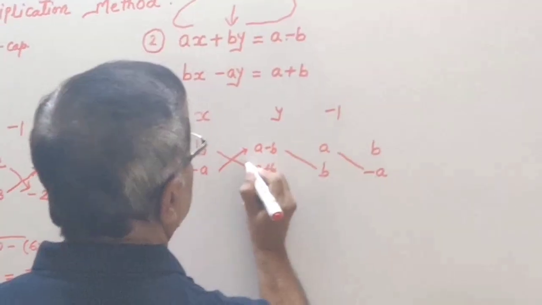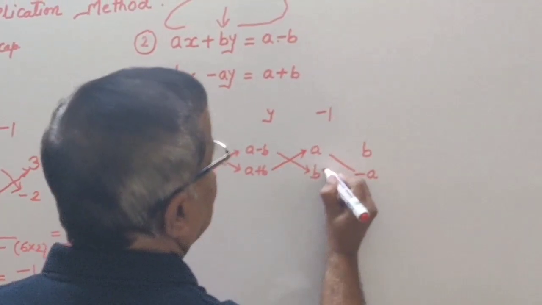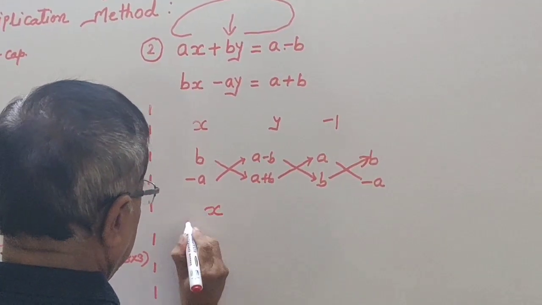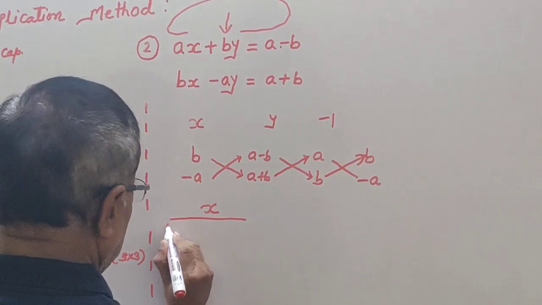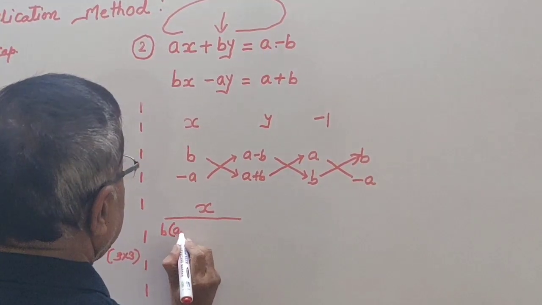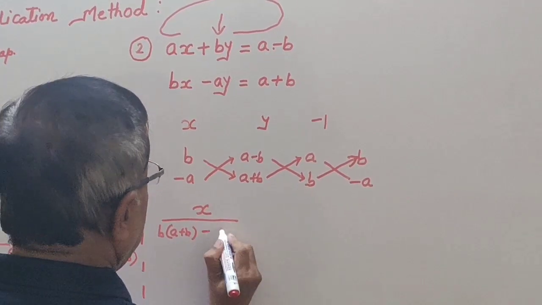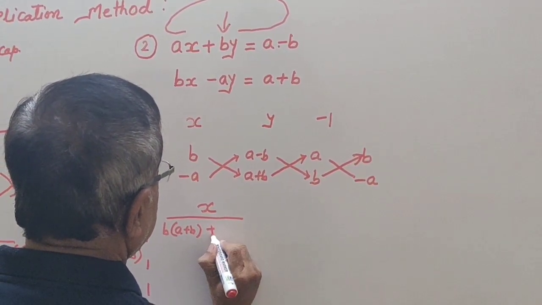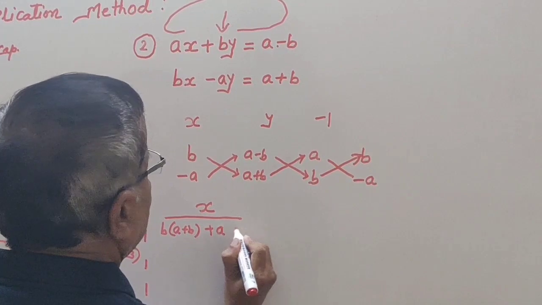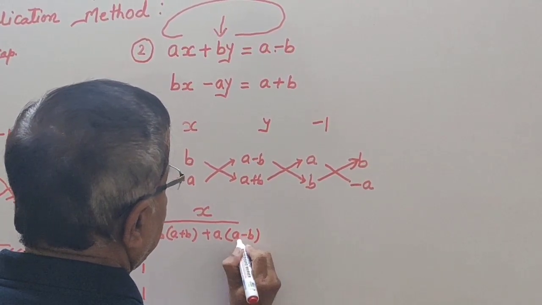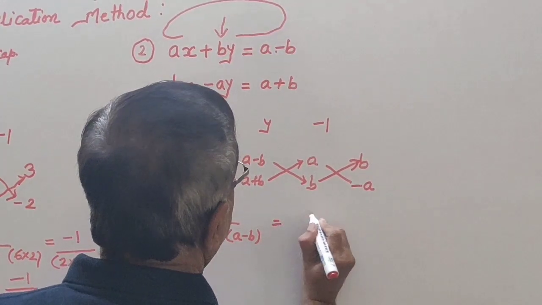Now I will start multiplying this and minus this one. Write down x upon b into a plus b. Now substitute a minus sign here. Minus a means this will come to be plus a into a minus b. Understand? Now I am writing here y.